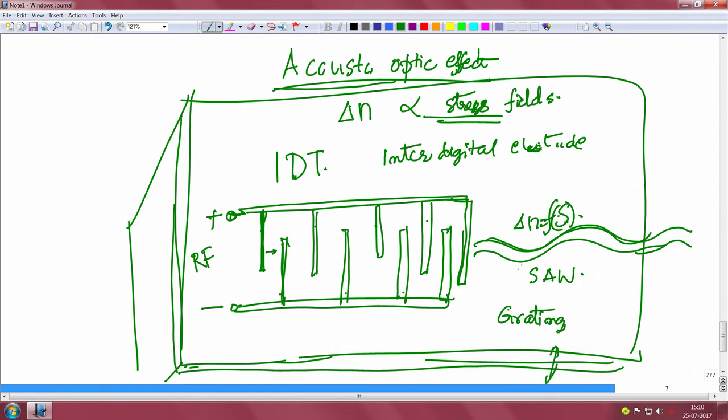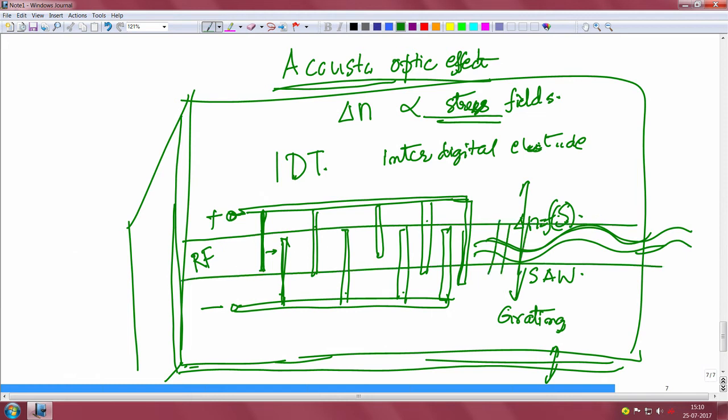It could of course spread across the waveguide, and we can also think of creating channel waveguides over which you can create gratings. So, you can create waveguide gratings by using surface acoustic waves. These waveguide gratings, as we have seen earlier in one of the initial lectures, have several important applications.